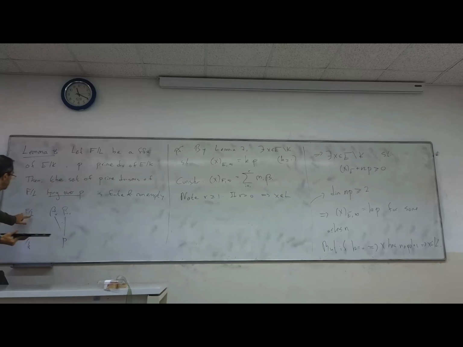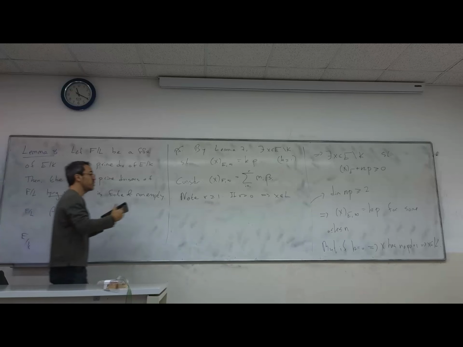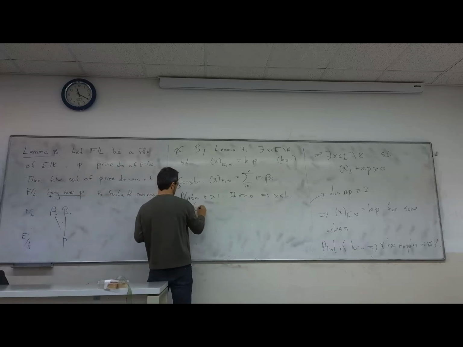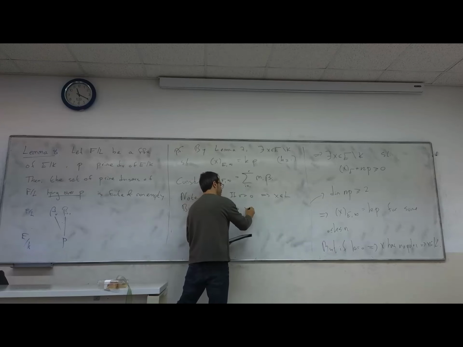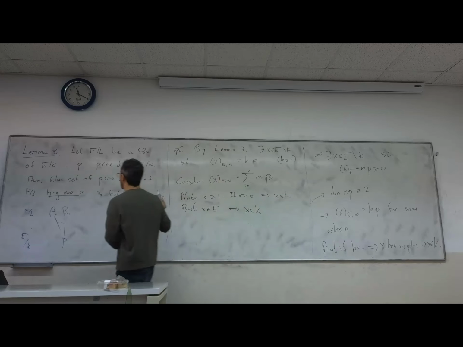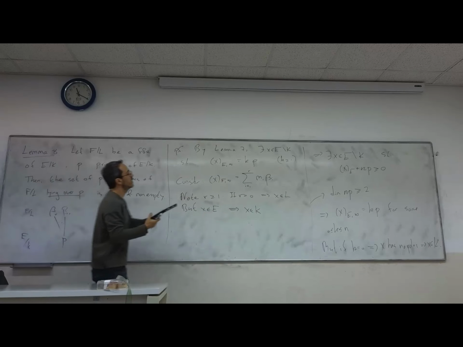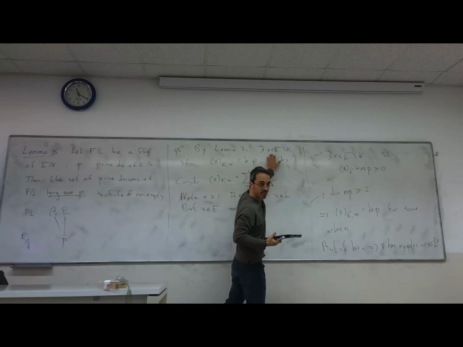Forget about the fact that X was coming from here. It's a function field: if you have an element in F which has no poles, it's in L. But it's also in E, because we started with X in E. So what does it mean? It's in K. But it's not in K, because we made sure to choose something not to be in K.